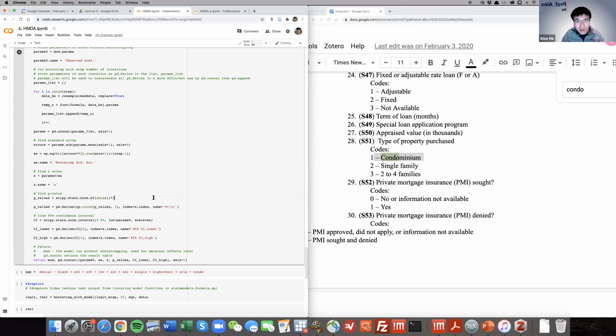I actually have some slides on it too. So if you don't remember, you can go back to my slides and take another look. But basically, you are treating the sample you have as the true value, and then you are redrawing the sample. And you're drawing the sample with replacement.